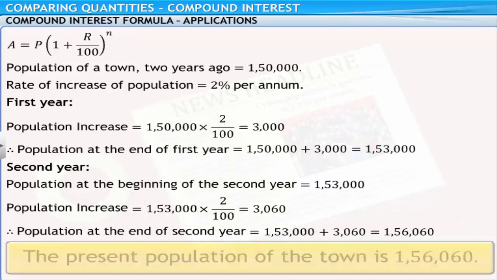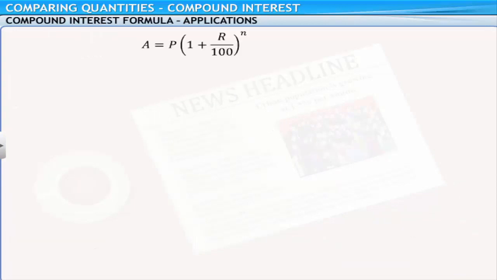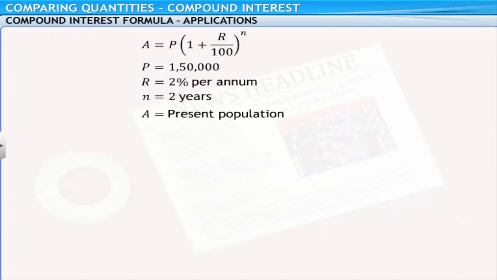Therefore, the present population of the town is 156,060. Have you noticed that the calculation is the same as calculating compound interest? Let us apply the formula for compound interest to find the present population. Now, 150,000 will be treated as principal, the 2% per annum rate of increase as rate of interest, and 2 years as time period. Let A denote the present population.